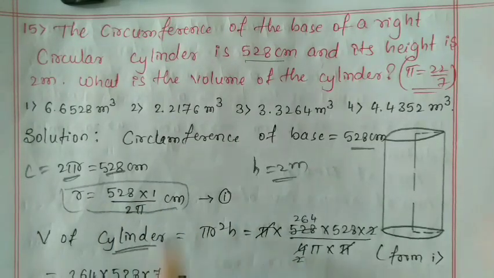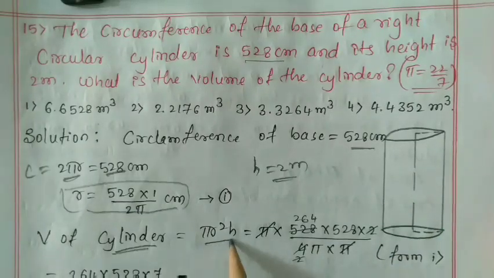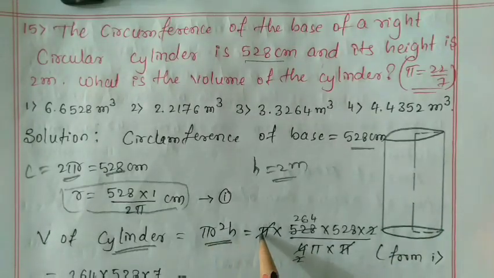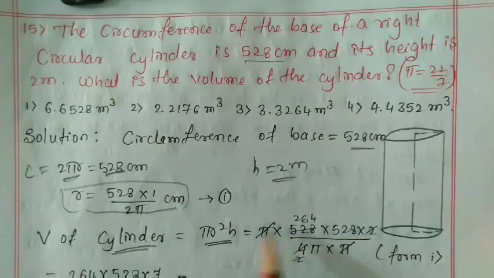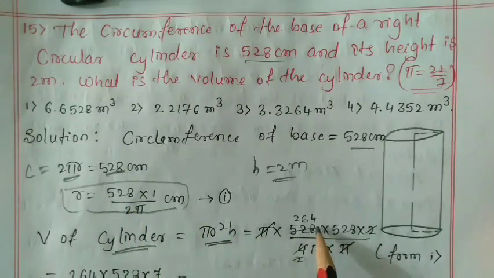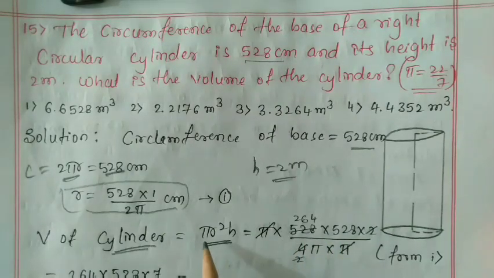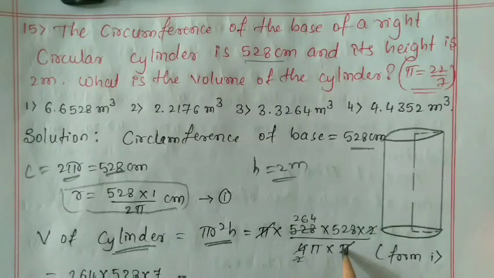Volume of cylinder is equal to pi r square h. Pi as it is, r means 528 into 528 because r square is there. 528 into 528 divided by 2 pi into 2 pi, that is 4 pi into pi.